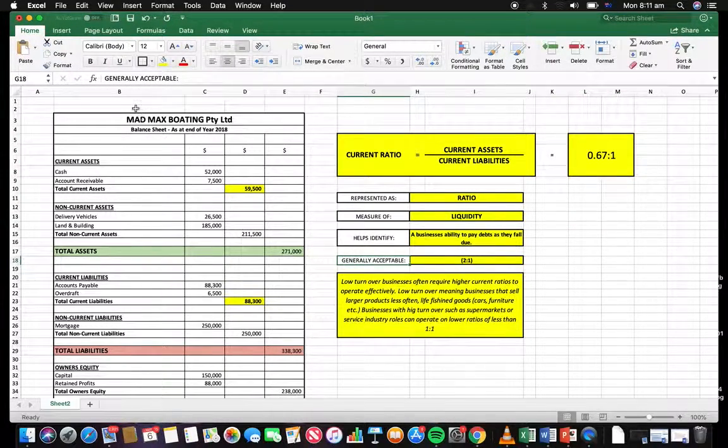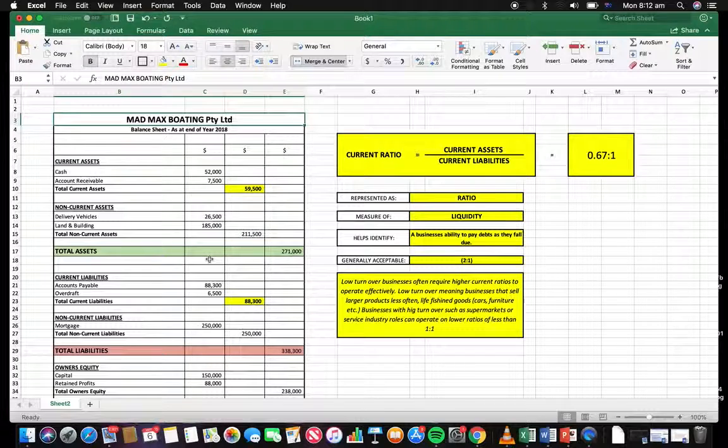One would have a look up here and say, okay, based on what we know, it's a relatively low current ratio. Now we'd take a step from here and have a look at the type of business. Mad Max Boating, luxury boating, is probably a low turnover business.